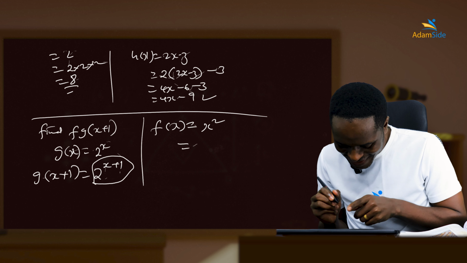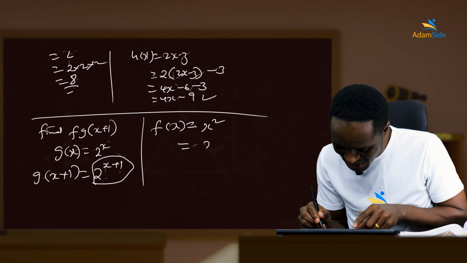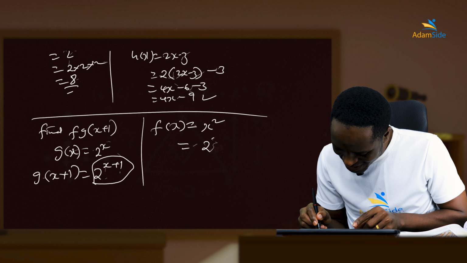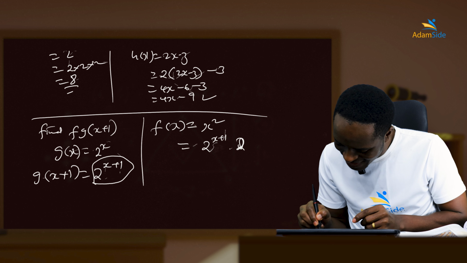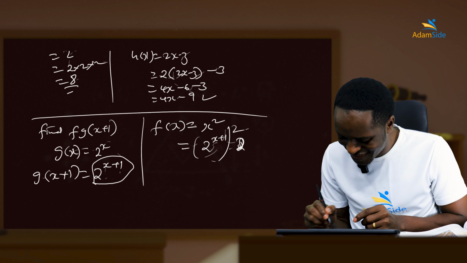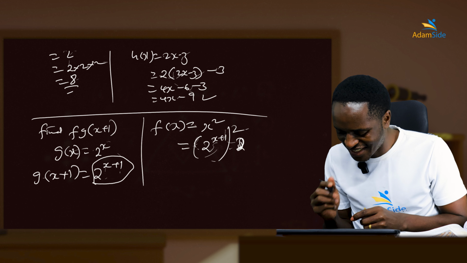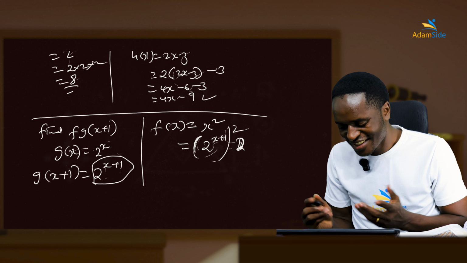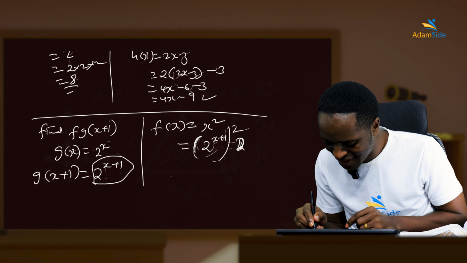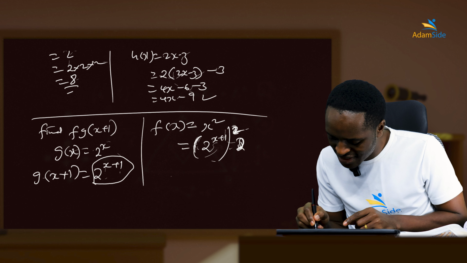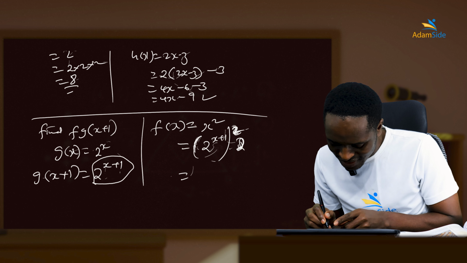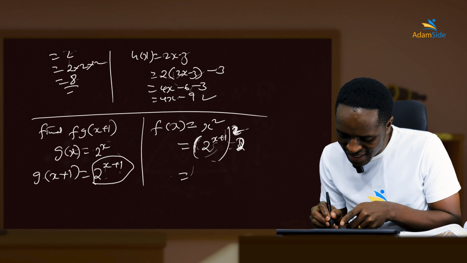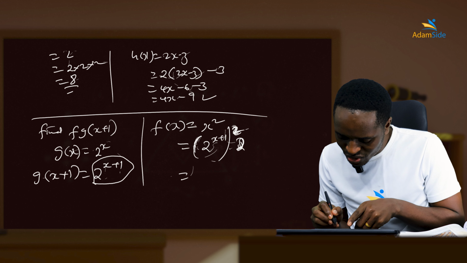So it is x squared. Now we say 2 power x plus 1, squared, because it's squared. Remember, this is like square. I like this. This is so good. When you say this squared, remember your first f of x, x squared.